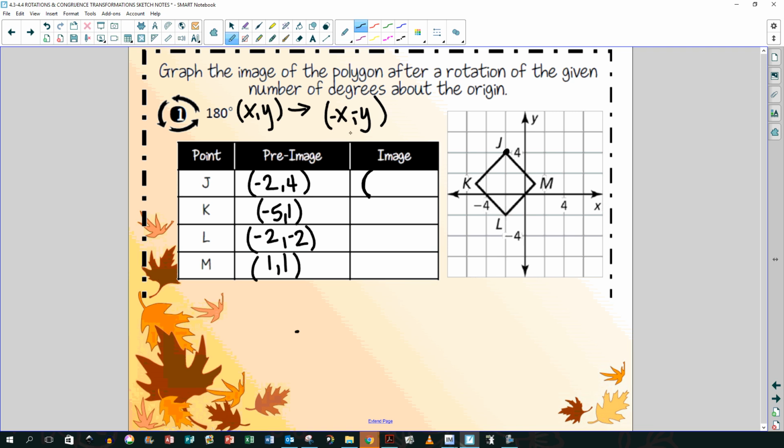So if they stay in their same location, so this -2 is going to be +2, and the 4 is going to be -4. So we're going to rotate it around. All right, so this is going to be 5, -1, and this is going to be 2, 2, and this is going to be -1, -1.